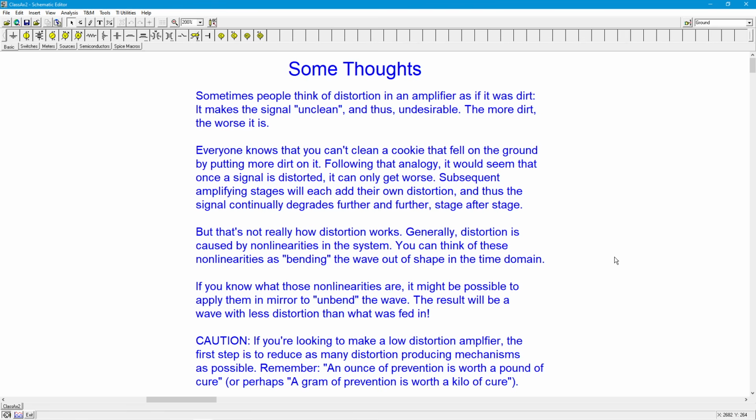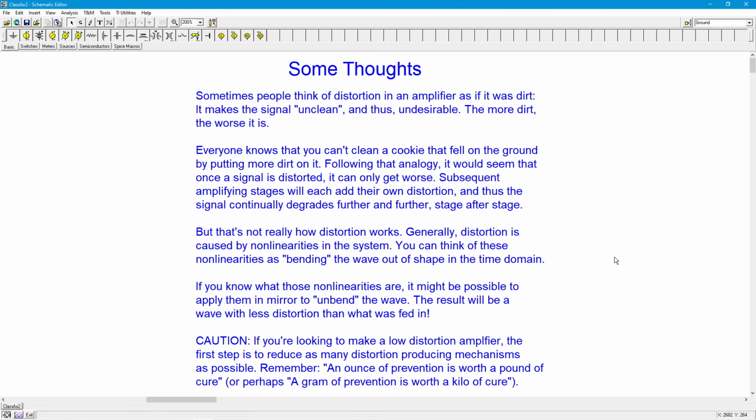Distortion is basically caused by nonlinearities in the system. In other words, the input-output plot. If you were to draw a little graph, with the input on the x-axis and the output on the y-axis, a perfectly linear amplifier would just be a straight line, coming up at some angle. Nonlinearity basically means that line is not perfectly straight. There are some kinks in it, some bends, some changes.